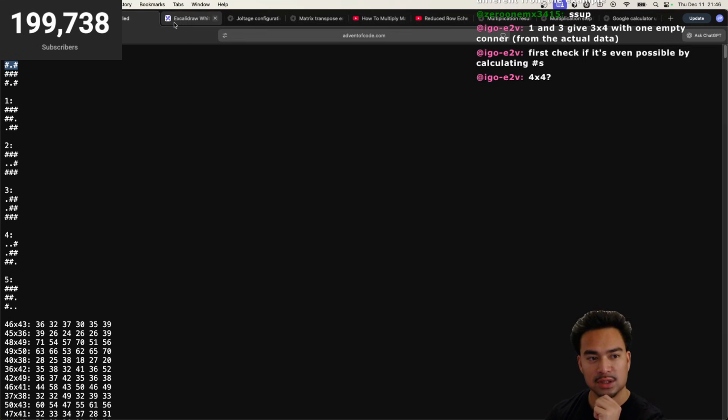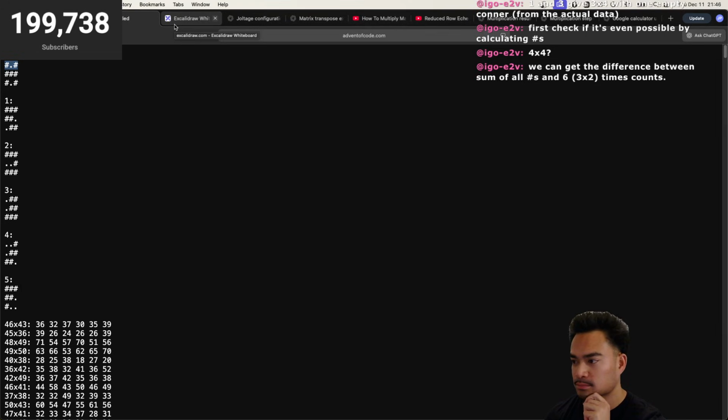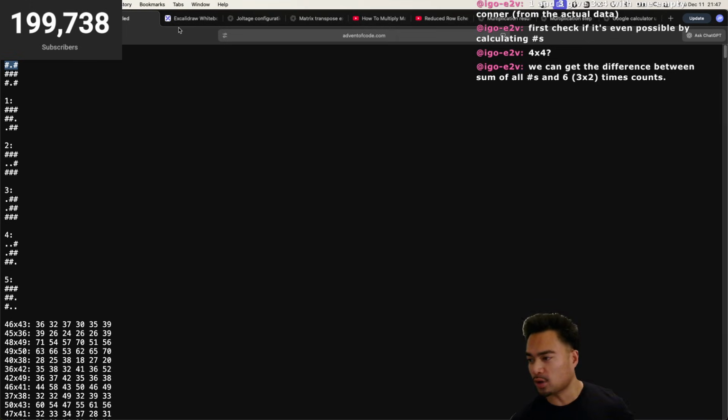Would it make sense if they all just partner up with the one that minimizes them, then we squish them together? We can get the difference between the sum of all numbers and 6.